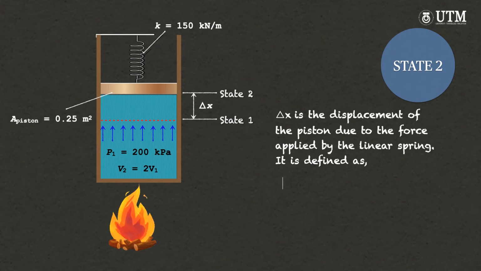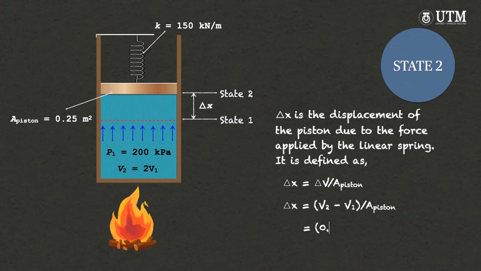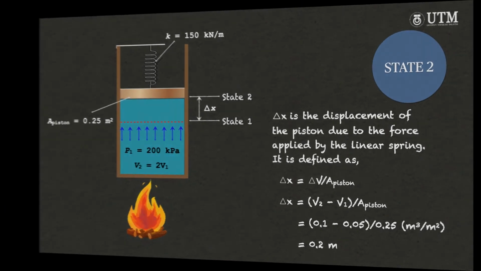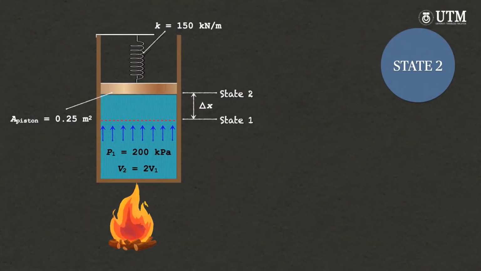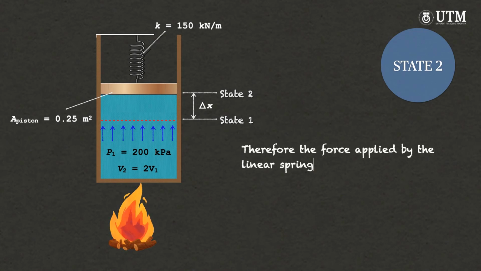It is defined as illustrated here. Therefore, the force applied by the linear spring becomes 30 kilonewtons.